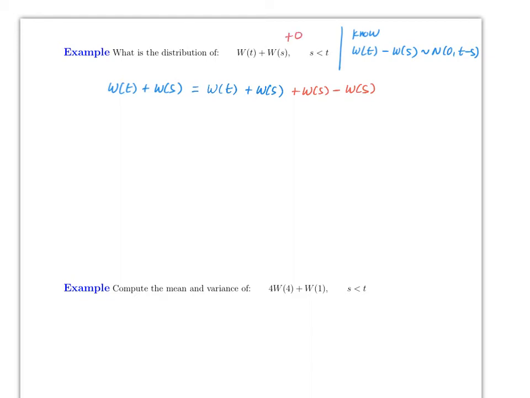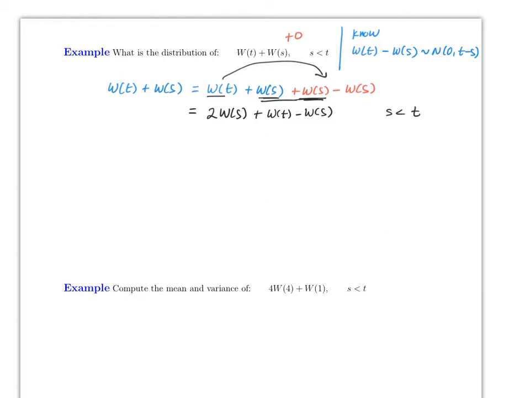So you add 0 to this, you end up with the same thing. Then we rearrange it. You combine these two, it will give you 2 Ws, and then you combine these two, it will be plus Wt minus Ws. Remember, all of this is true for s less than or equal to t.